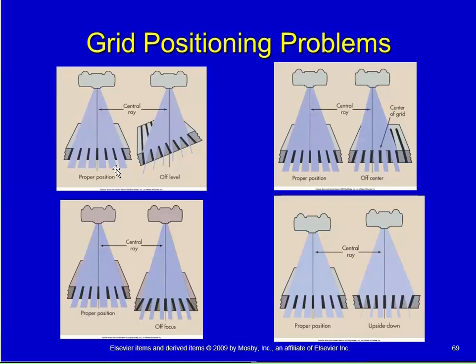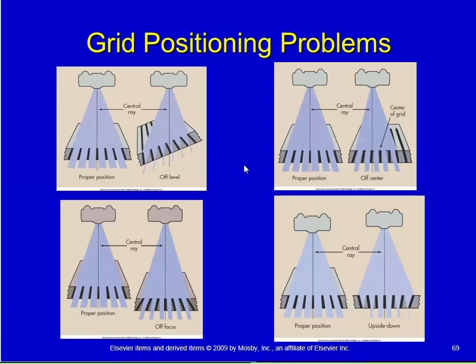Because the bed is soft, the grid and the image receptor are at an angle, and you're going to have grid cutoff. If you're working with a focus grid and you're not centered to the middle of the focus grid, you're going to have grid cutoff. In both of these cases, with a focus grid, it may be more significant on one side than on the other.